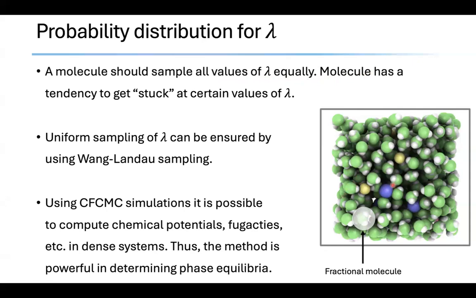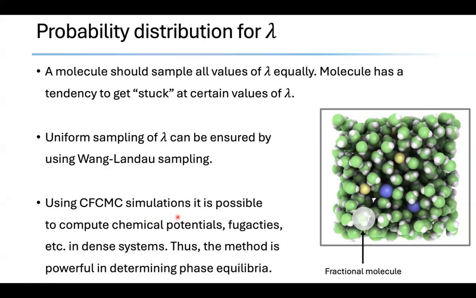When it is stuck at a particular value of lambda, it can mean that the molecule has to overcome a huge energy barrier, which might not be possible. Thus, to ensure a uniform sampling of lambda, one can use something called Wang-Landau sampling. I will come back to this point at a later time and tell you how exactly it works.